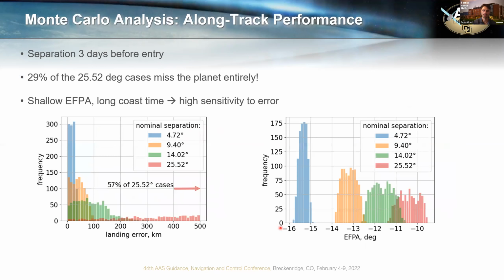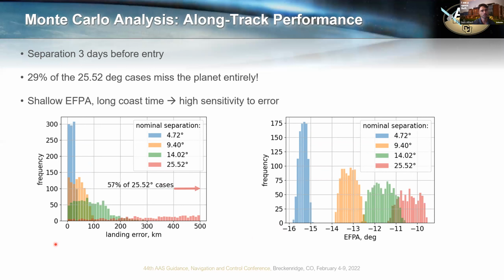And we did an uncertainty quantification using another 1,000-trial Monte Carlo analysis, and saw, as we'll talk through here, indeed that makes them highly sensitive to error. So in this case, we're separating 3 days before entry, looking at the performance of 4 different along track separations with increasing distances. And the first 3 perform all right.